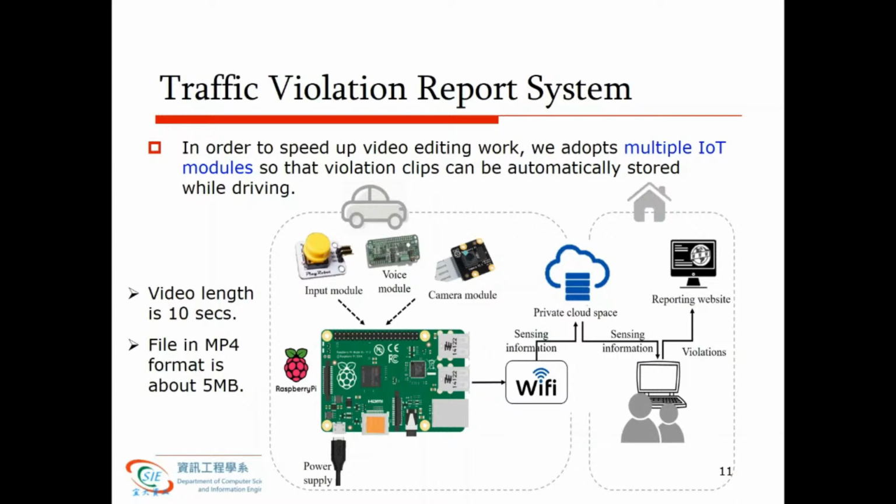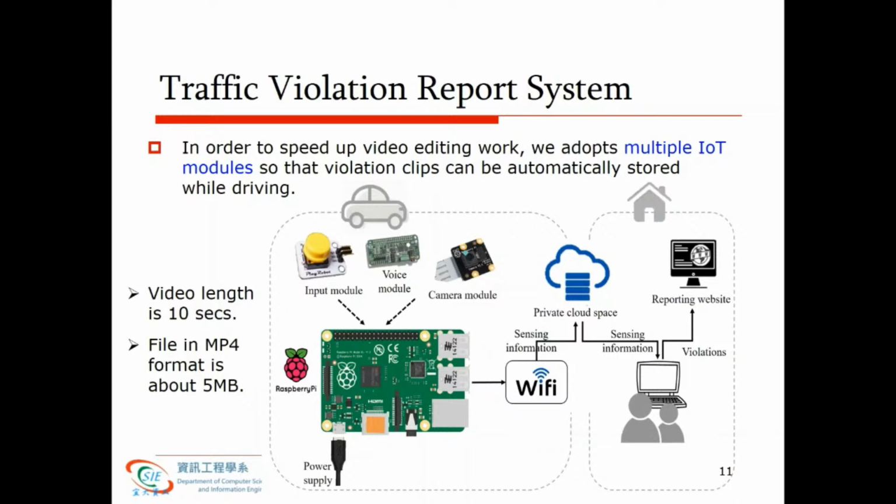The Raspberry Pi will start the connected camera to record video. Here, the length of a video clip is 10 seconds, and the file capacity in MP4 format is about 5 MB.